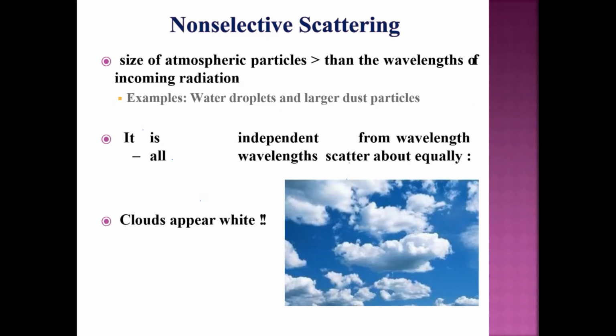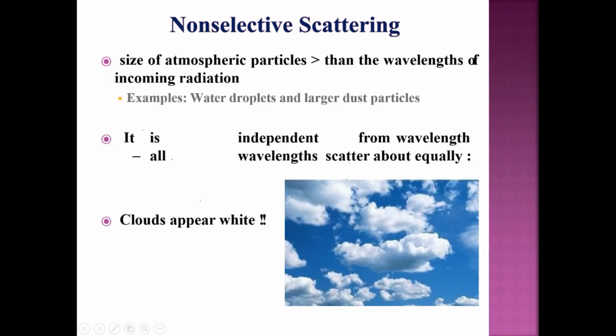And non-selective scattering. This is also important. When the size of the atmospheric particles is greater than the wavelength of the incoming radiations, as with clouds, it will scatter in different directions, in all directions. Diffuse scattering will also be there.